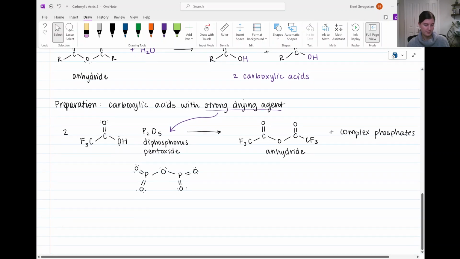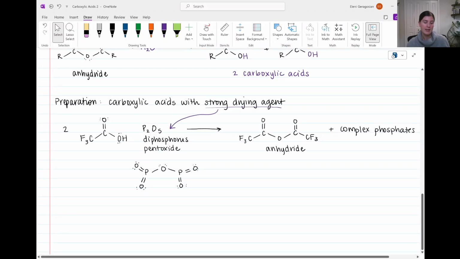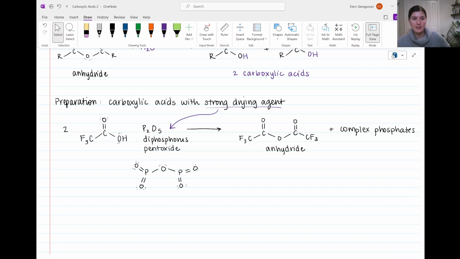Another way is to heat dicarboxylic acid, so a molecule that has two carboxylic acids, if those carboxylic acids could form a 5 or 6 membered ring anhydride. So let's look at an example here.